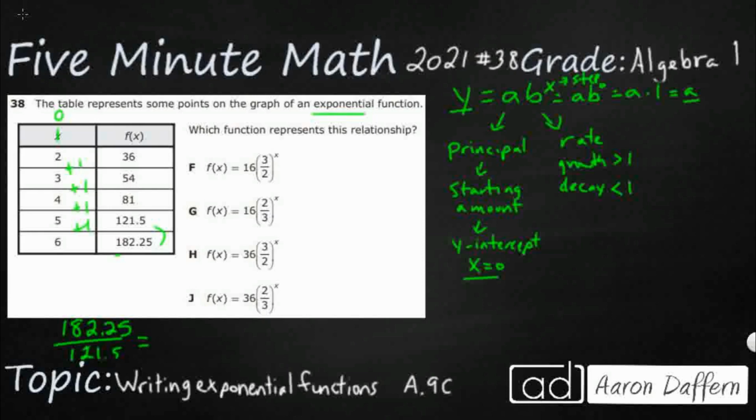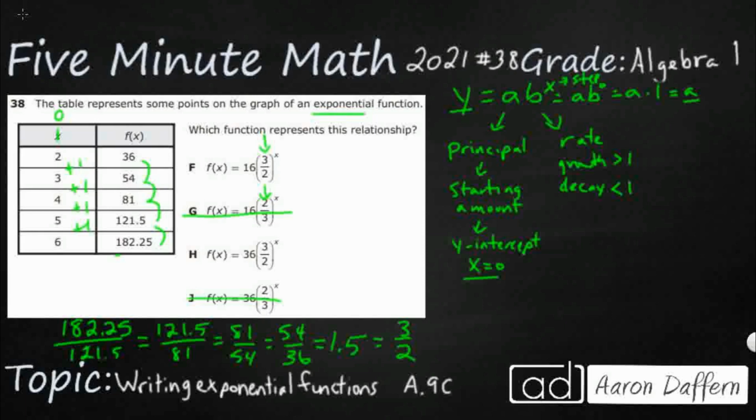And you can do it for every single one. 121.5 divided by 81 equals 81 divided by 54, which equals 54 divided by 36, which all equal 1.5. So that's our growth rate since it's larger than 1. Since we can see our options here, we can call it the fraction 3/2. So that's our b term, that growth rate.